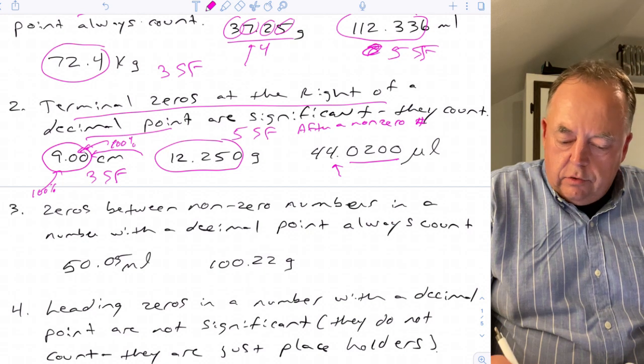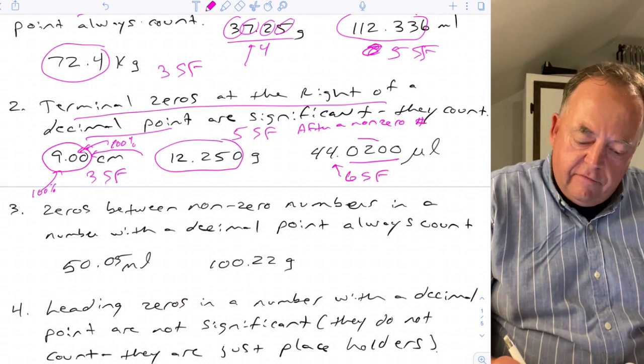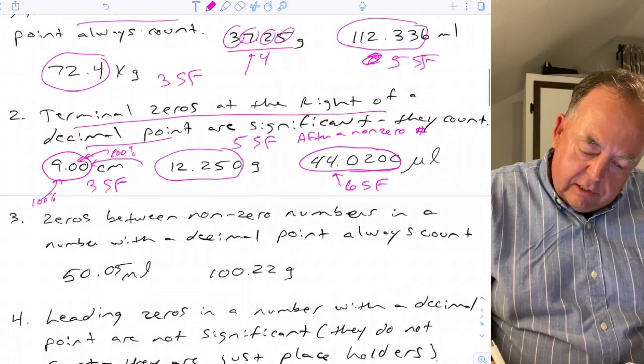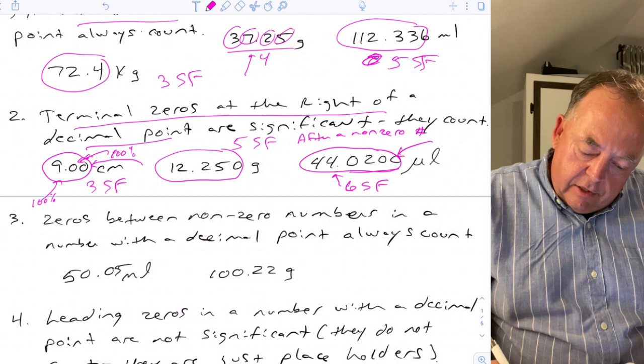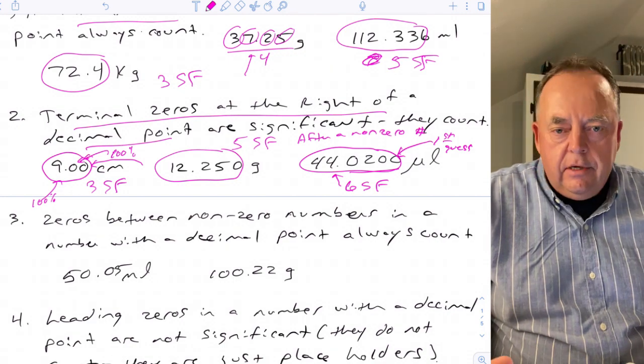So all of these zeros count, so 1, 2, 3, 4, 5, 6, so this has 6 significant figures in that number. So what you're basically telling somebody is that number right there is your first guess, and you are 100% confident in the other numbers.